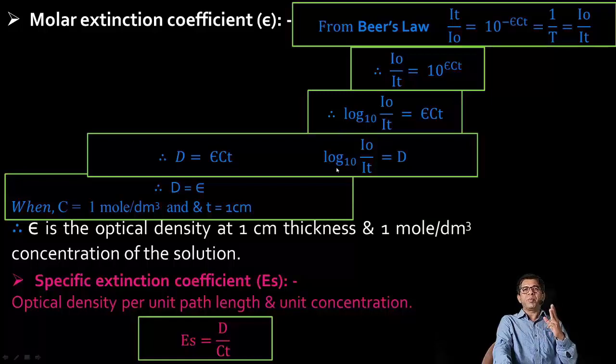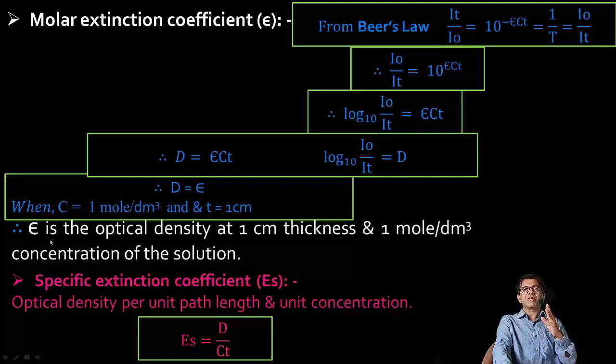Since log base 10 I0 upon IT is equal to D, the equation becomes D is equal to epsilon Ct. When C is equal to 1 mole per decimeter cube and t is equal to 1 centimeter, then the above equation becomes D is equal to epsilon.